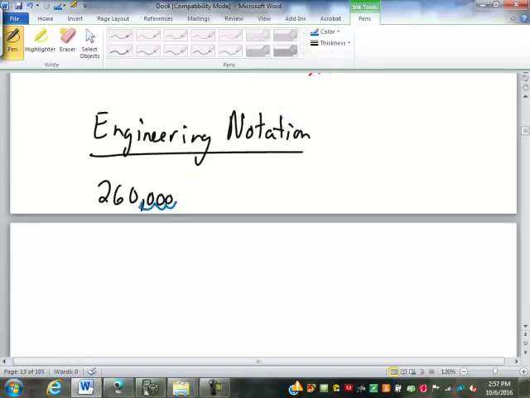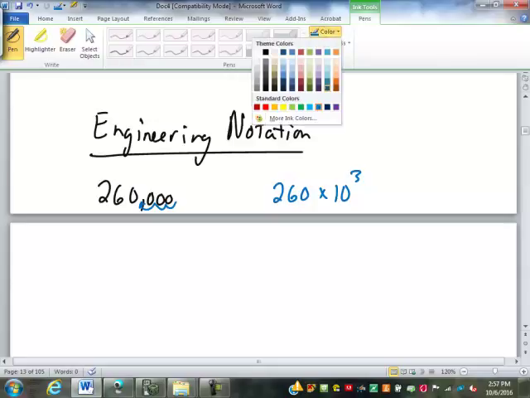So I go 1, 2, 3. Can I move it 3 more? No, in engineering notation, I have to have between 1 and 3 digits in front of the decimal point. If I went 3 more, I wouldn't have any digits in front of the decimal point. So that's 260 times 10 to the third, because I could only go 3 spots.